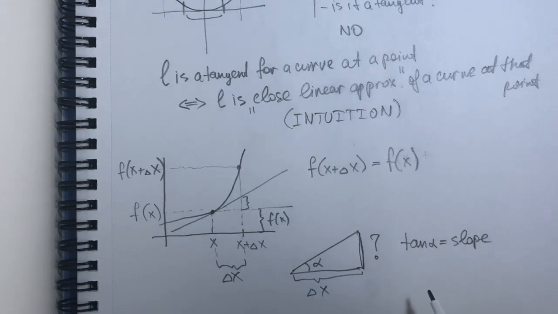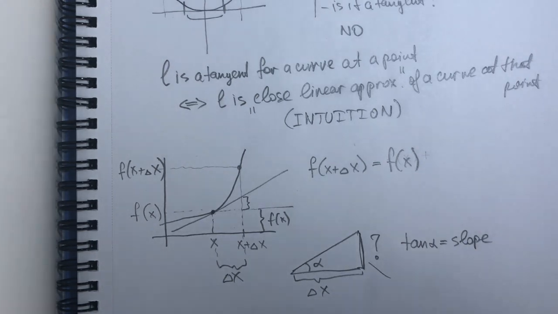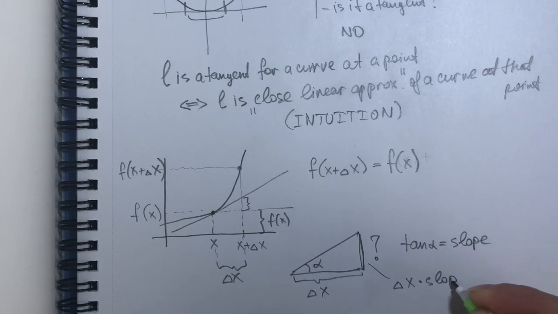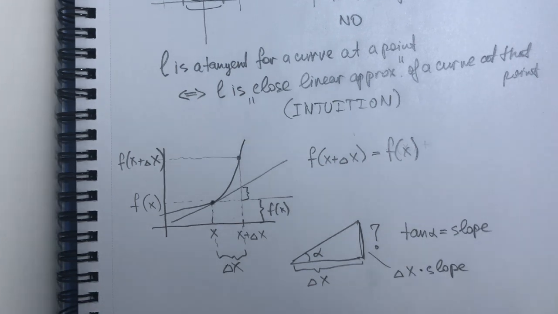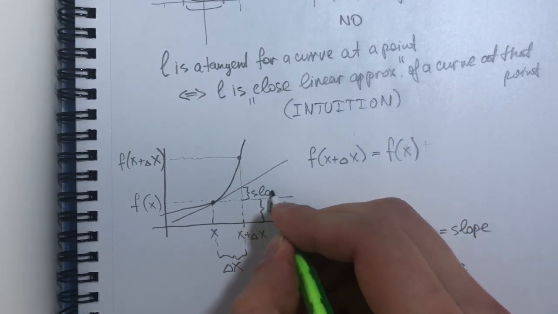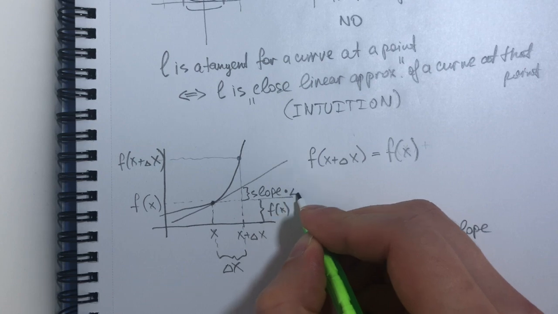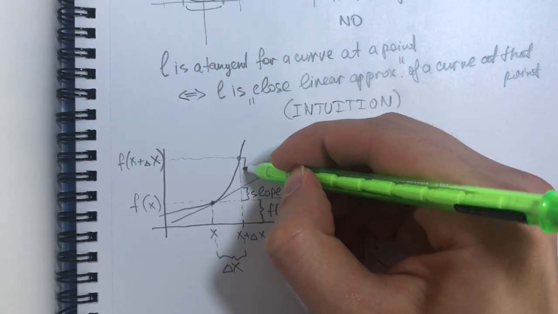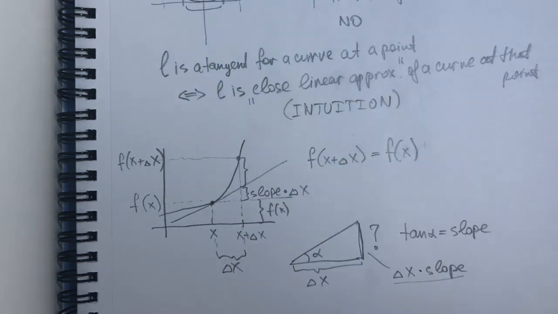So by using simple trigonometry, I realize that this side is Δx times slope. So make sure you understand this trigonometry. Write it down yourself and make sure this is clear. So this increment is slope times Δx, and we have a remnant increment here.